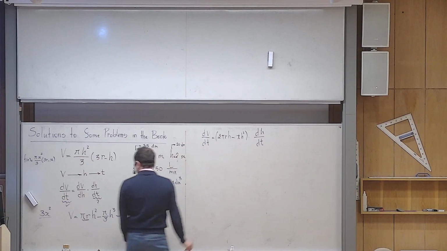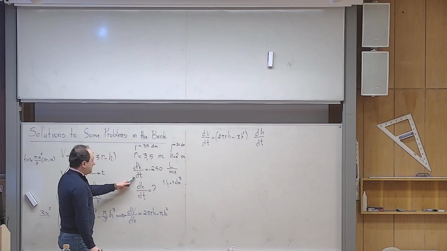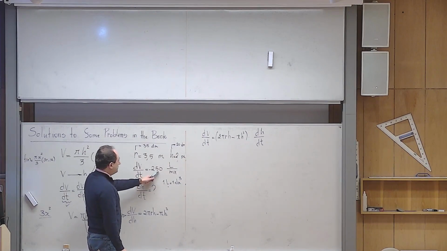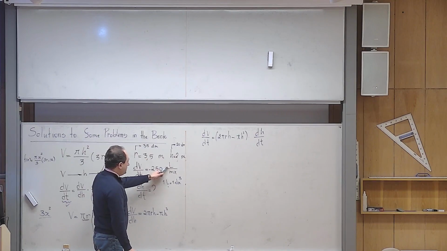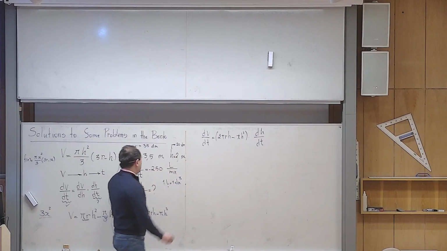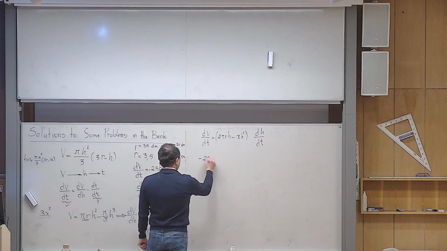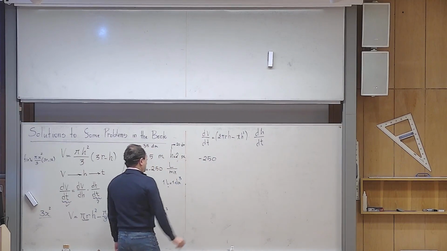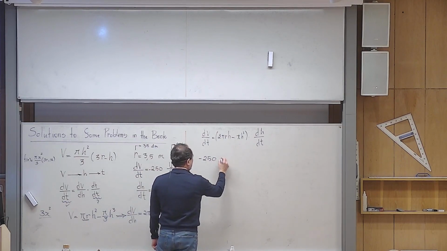So now what should I do? dV/dt is minus 250 decimeter cubed per minute. Yes, so it is minus 250. If you want, you can also write the units, but let us leave it.